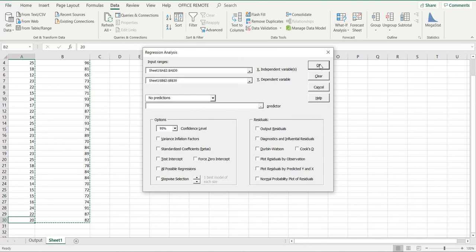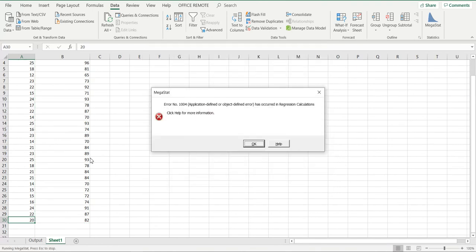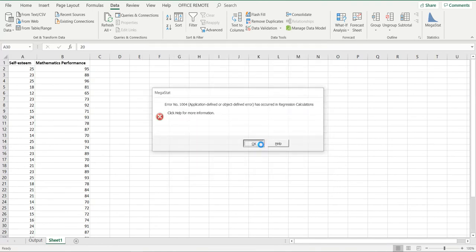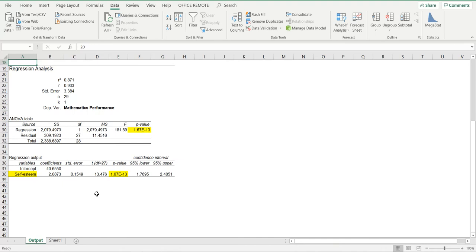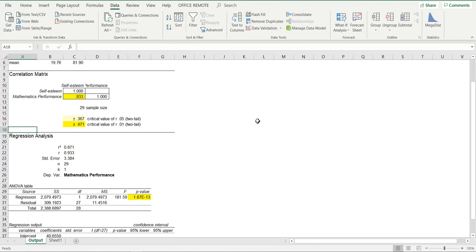Then click OK. Just click OK. As we can see here, we have the regression analysis just below our correlation matrix.